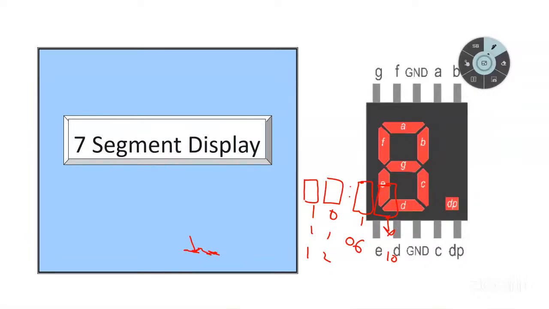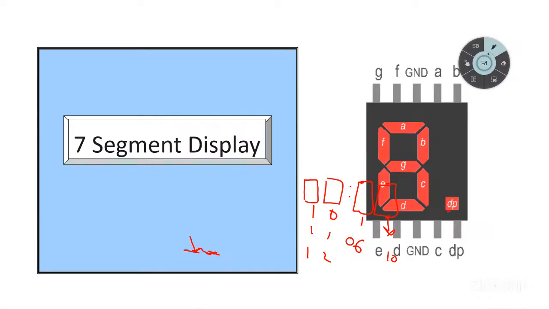Okay, that is segment names A, B, C, D, E, F. Is a DP pin, ground pin. Okay, common codes.